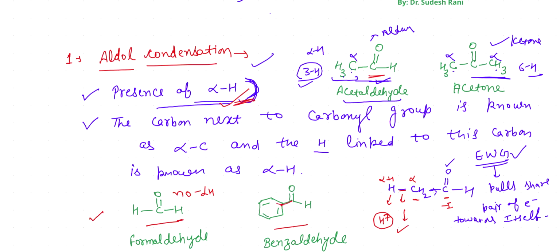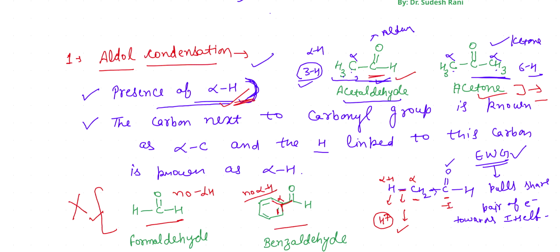Here is an alpha carbon, but there is no alpha hydrogen. So both of these molecules do not undergo aldol condensation. Only those molecules like acetaldehyde and acetone will undergo aldol condensation. So this is about the reactant, how you choose what kind of reactant will undergo aldol condensation.